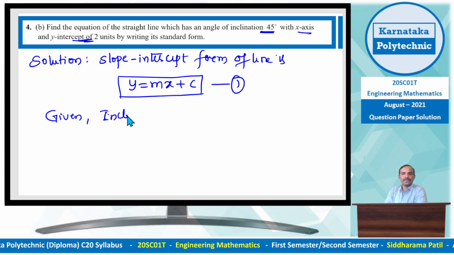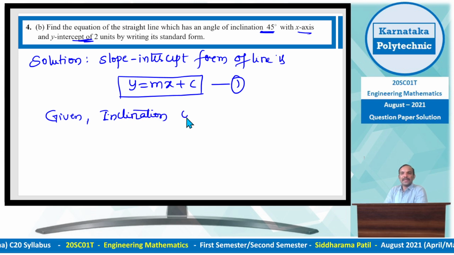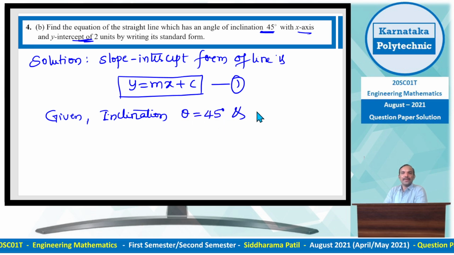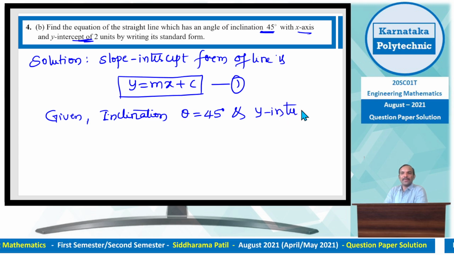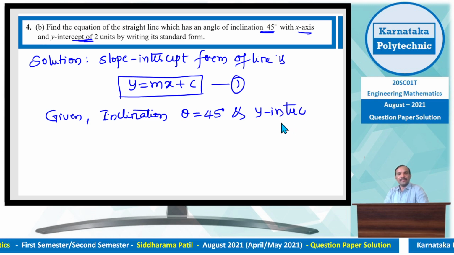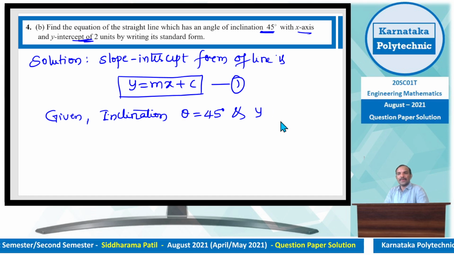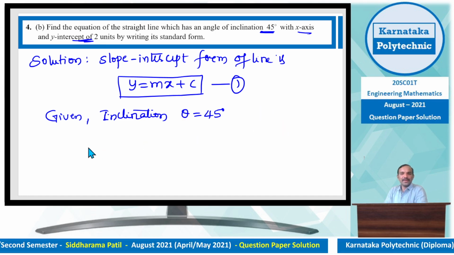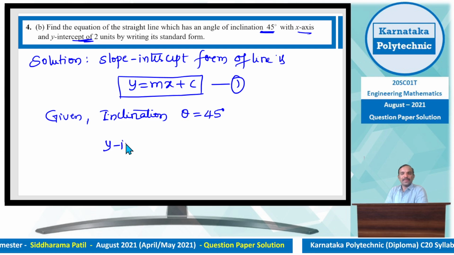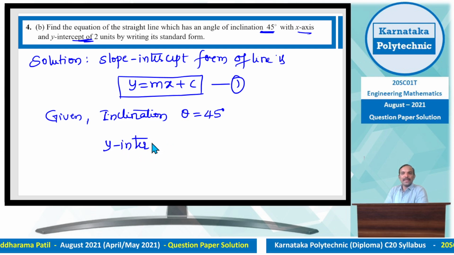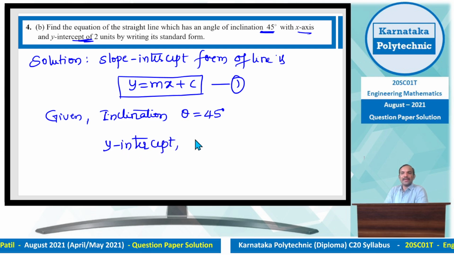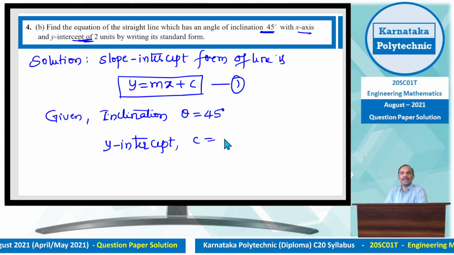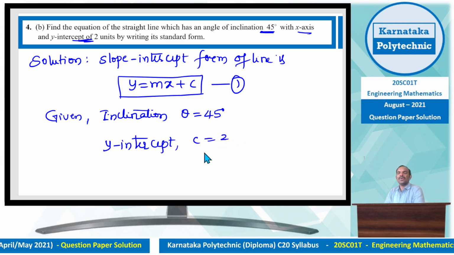Inclination theta equal to 45 degree, and y intercept is given. What is y intercept? It is denoted by c. c is given as 2 units, c equal to 2.